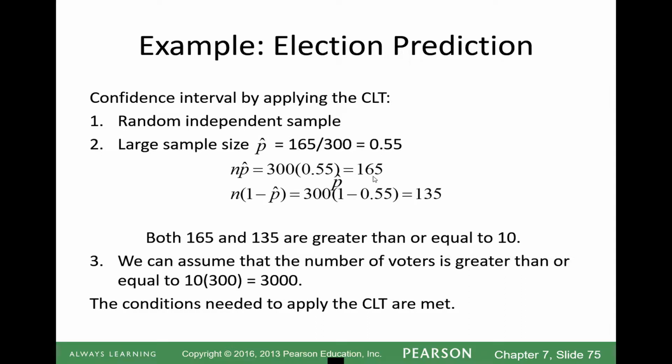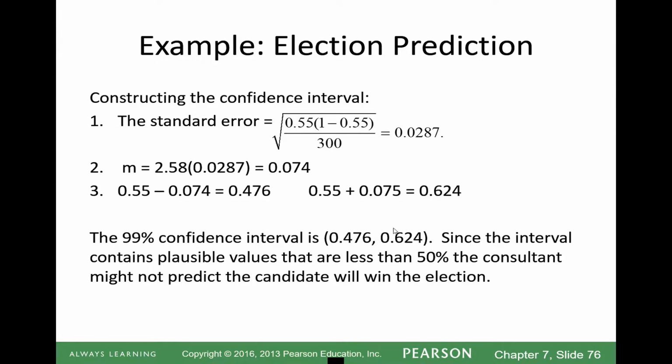The number of yeses is more than 10. The number of no's is more than 10. We have our p hat sample proportion, so it's normally distributed. Then the next step is to find our standard error. And for 99%, z star is 2.58. That gives us a margin of error here.